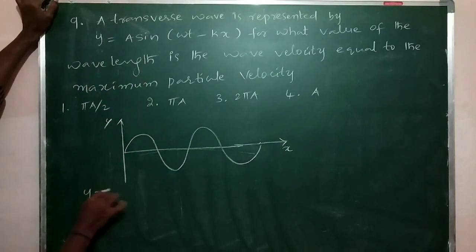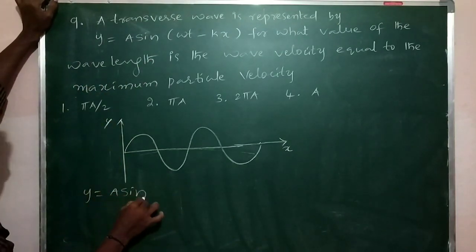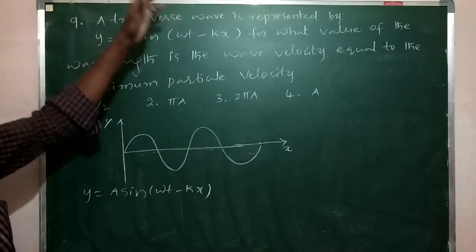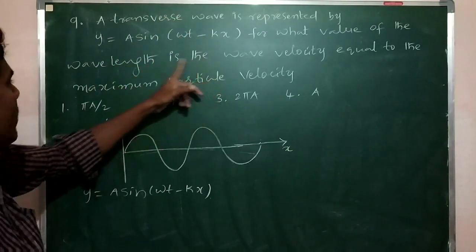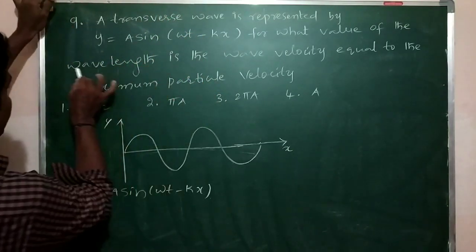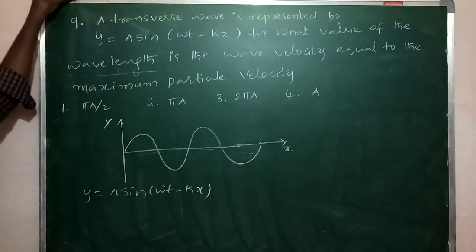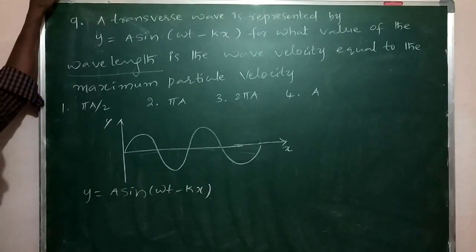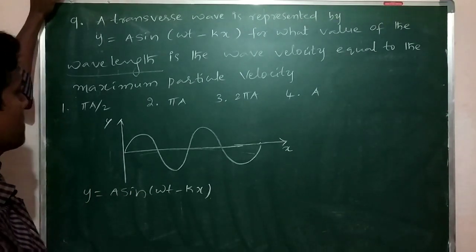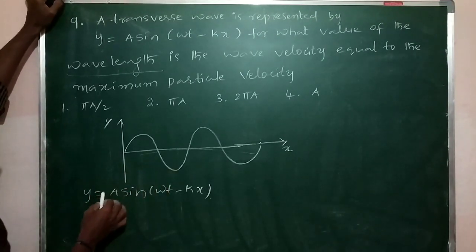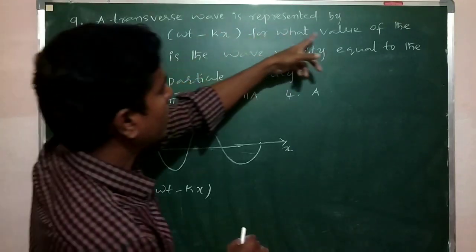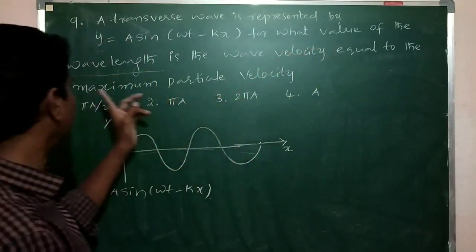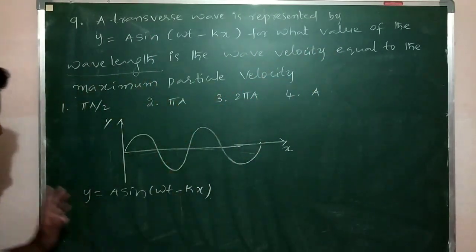Given equation y equal to A sine of omega t minus kx. In this question we have to find out the wavelength. So already the wave equation is given. For what value of the wavelength is the wave velocity equal to the maximum particle velocity?